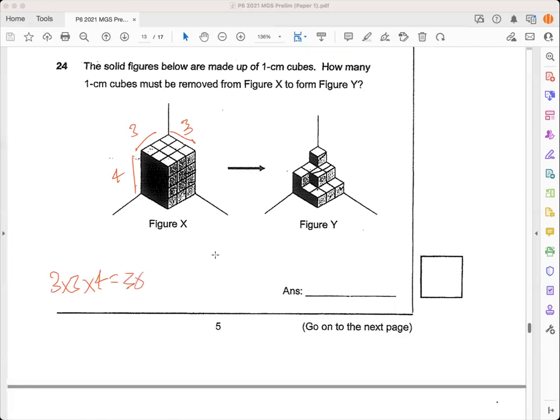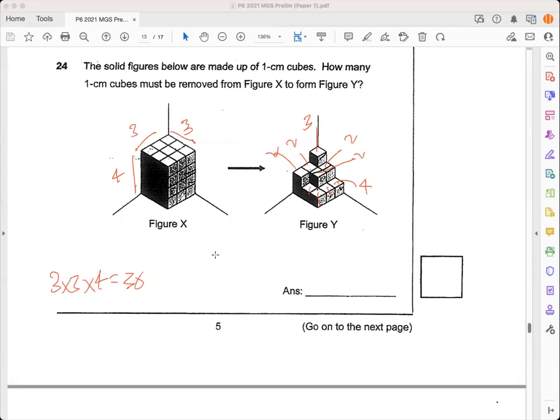Now let's look at the number of cubes in the other figure Y. Here, look down, you have 3. Here you have 2. Looking down, 2, 2, 2. And all these, 1, 2, 3, 4. Here got 4. So the way to count is to look from top down and see how many cubes are there in that column.